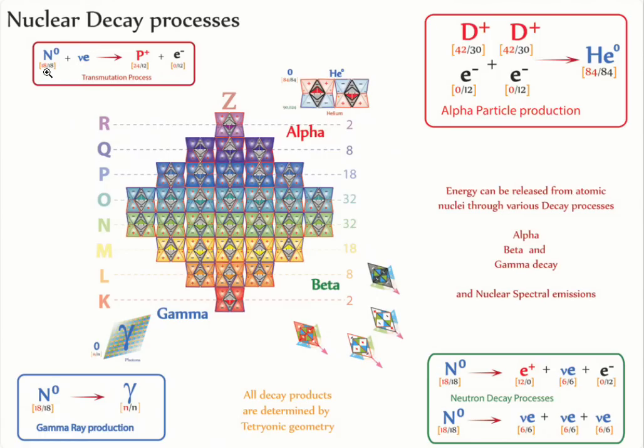And when you add the 18 positive and 18 negative charges of the neutron to the 6 positive and 6 negative charges of the neutrino, you in fact have 24-24, which then allows the creation of protons and electrons from that.